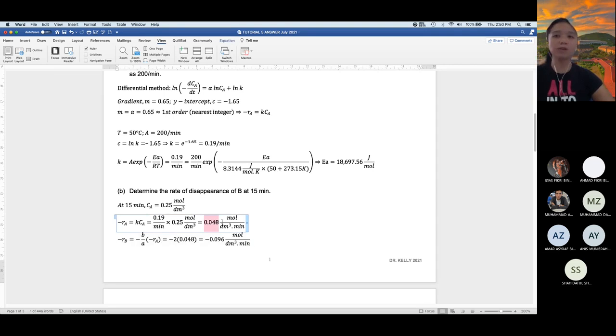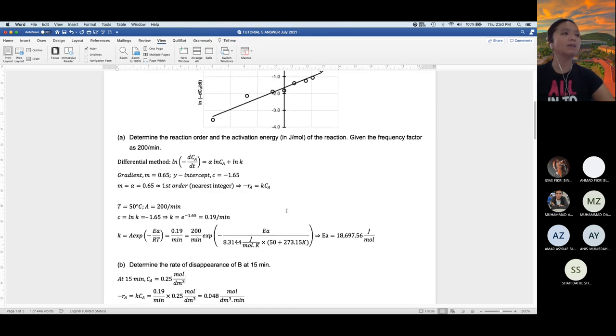So when you multiply you get negative 0.096. So the negative sign on the number signifies that B is a product. Because we find the rate of disappearance, but because B is formed, that's why the negative sign will be there on the number. Okay, so done for question number 1.